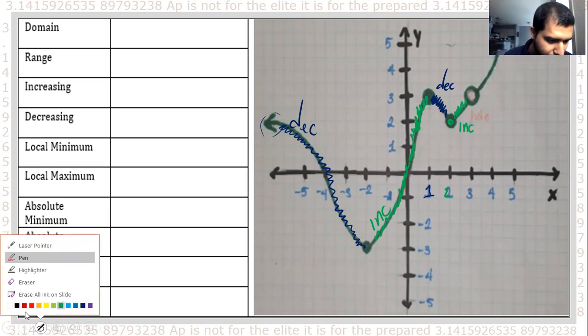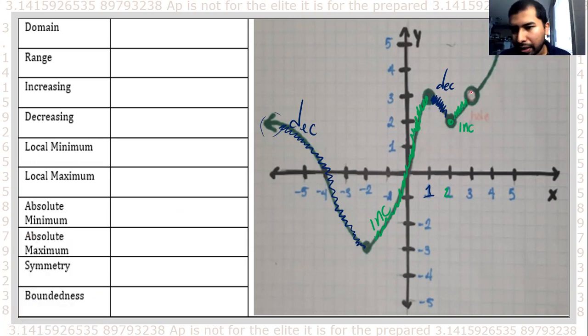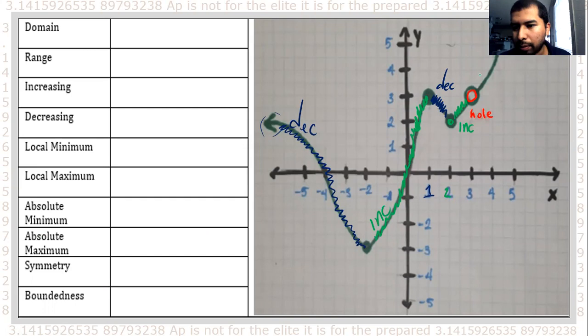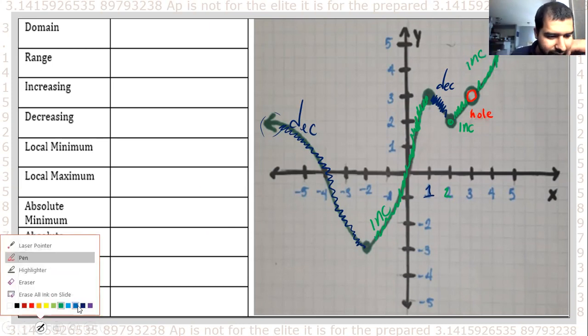I'm going to label that hole in red just so we can make things clear that this right here is a removable discontinuity, also known as a hole. And it continues to increase, all of this increases to infinity. Infinity and beyond.